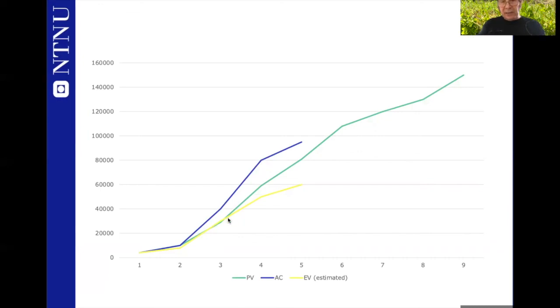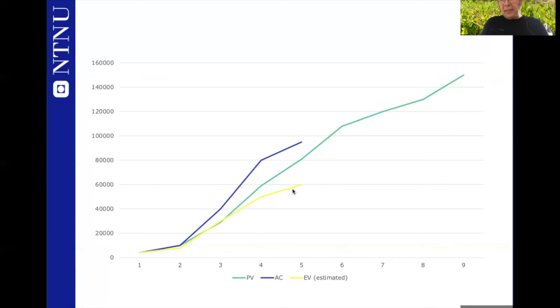And as you can see, the gap between the planned value and the earned value is getting larger, and the gap between the actual cost, the blue line, and the yellow line is also increasing.